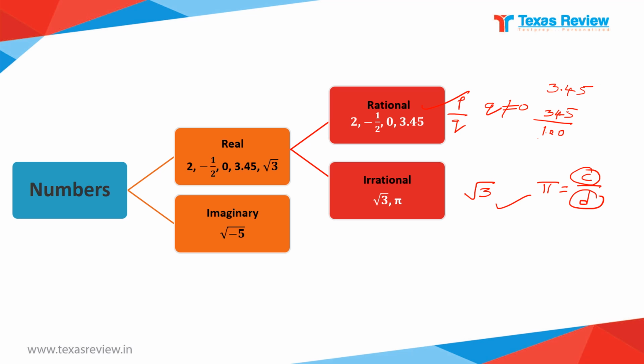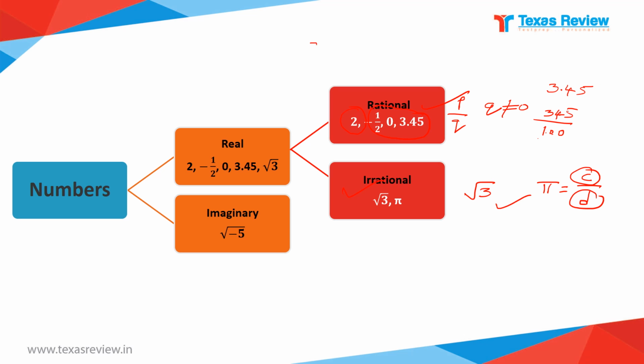Now all integers, I mean integral numbers, are rational, and when you talk about decimals, all the decimals that are non-terminating and non-recurring are irrational, otherwise they are rational.